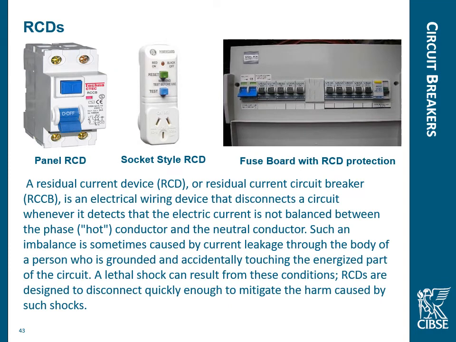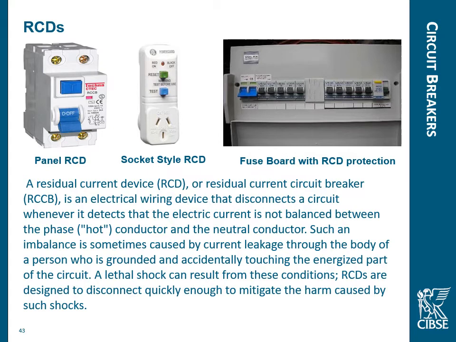Now, most modern boards now contain what we call RCDs, residual current devices. And these actually, rather than tripping or operating on overload, look for what we call a current imbalance. So if we've got, for instance, 10 amps going out and only 9.9 amps coming back, we've got to think, where's that 0.1 of an amp gone to?